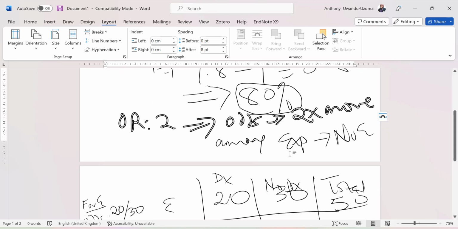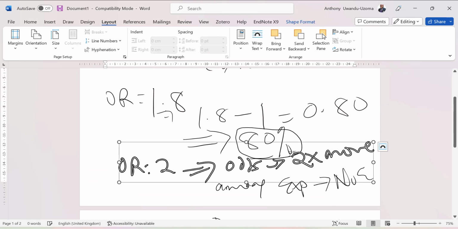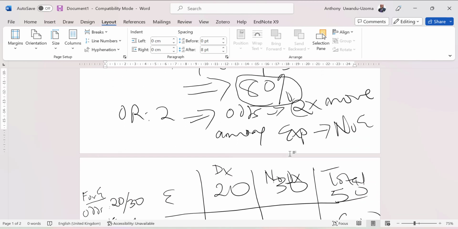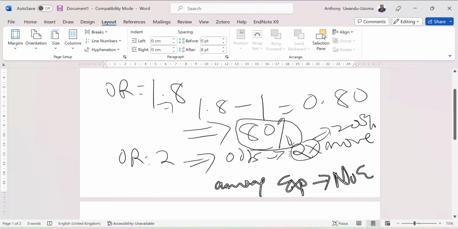So the odds of having the disease increases twice. This two times more simply means 200%. So instead of saying 200% or 300%, just say two times more, 2.5 times more, among the exposed group compared to the non-exposed group.